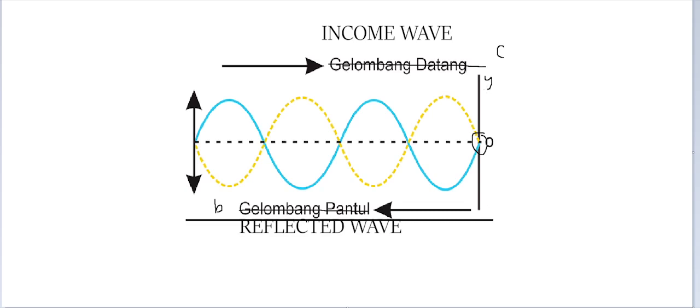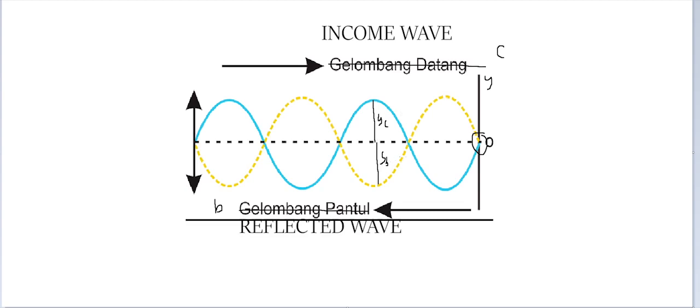In this problem, we have Y here, and we have two things: the displacement of the upcoming wave and the displacement of the reflected wave. This is one of the problems before we go to the formula of the bound end stationary wave itself.